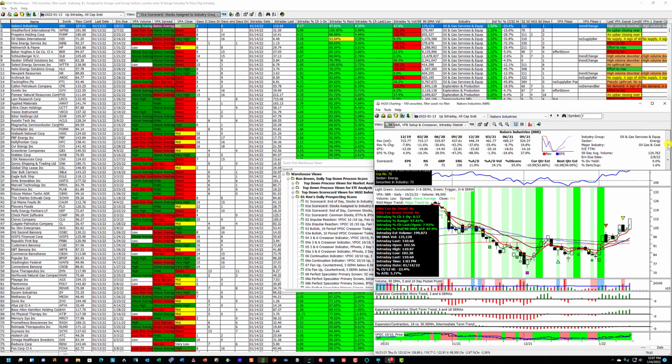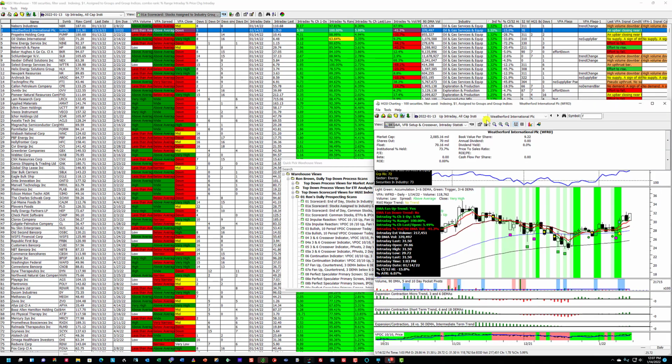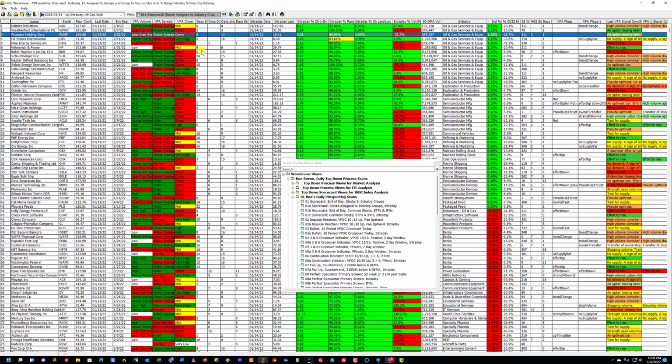Let's see what the institutional sponsorship is. .1% of these shares are held by institutions. You can see that there are some really good entries on many of these stocks.